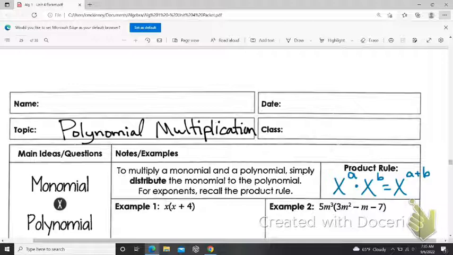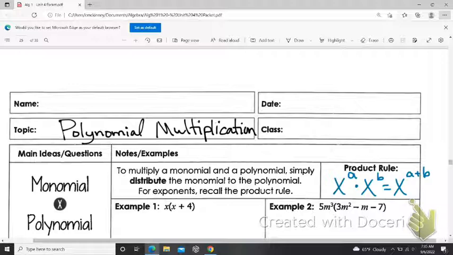And then distributive property, we know that when we can't combine what's inside, but something on the outside is touching those parentheses, there is not a sign in between, then we need to multiply the outside times each term inside the parentheses.